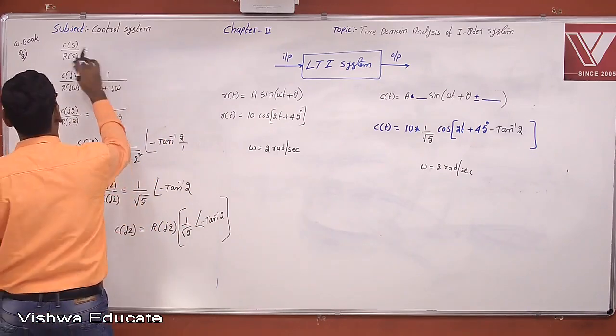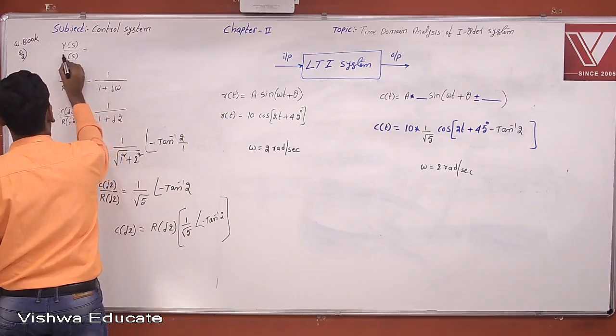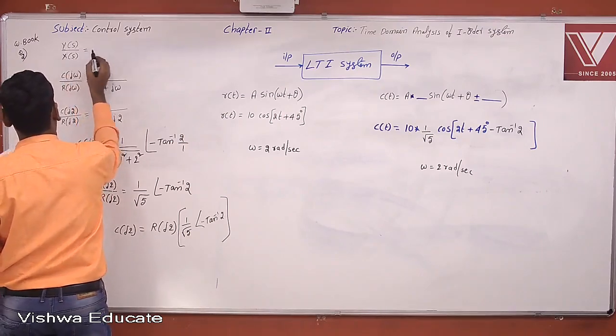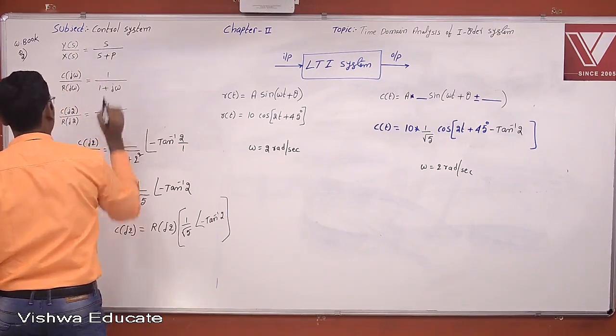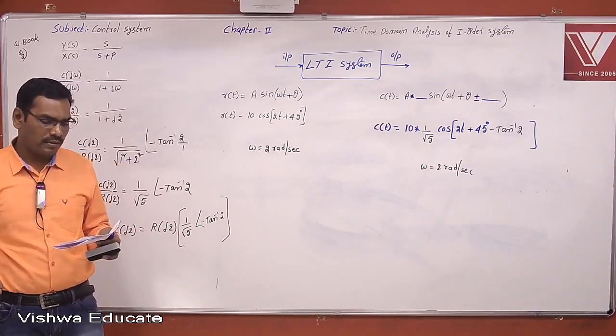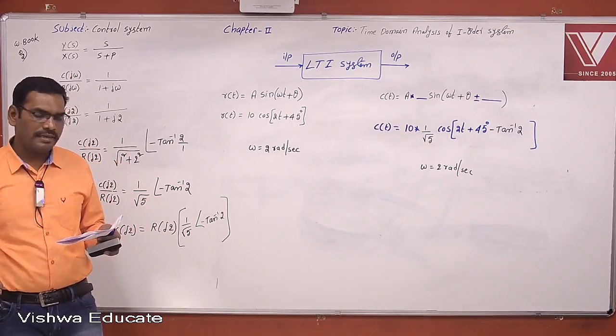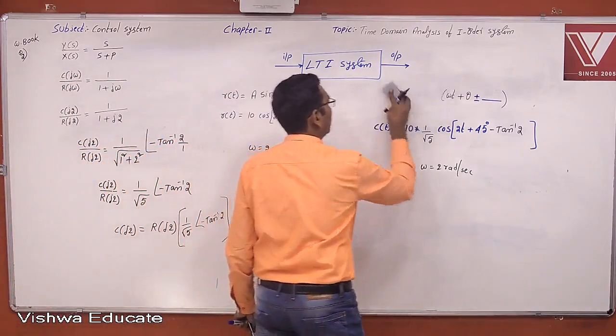The transfer function Y of s by X of s, output Y of s, input X of s, is given as s by s plus p. The control system whose transfer function Y of s by X of s is s by s plus p has an output. In this question, the output is also given.